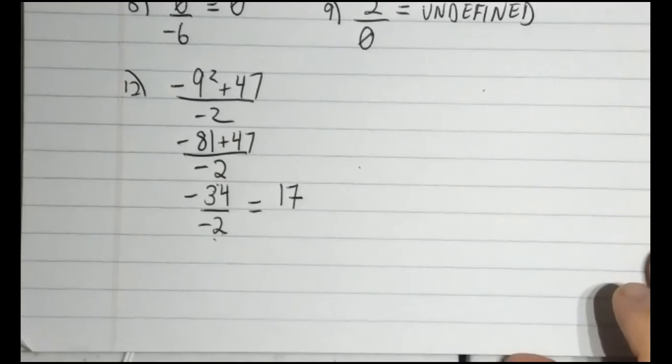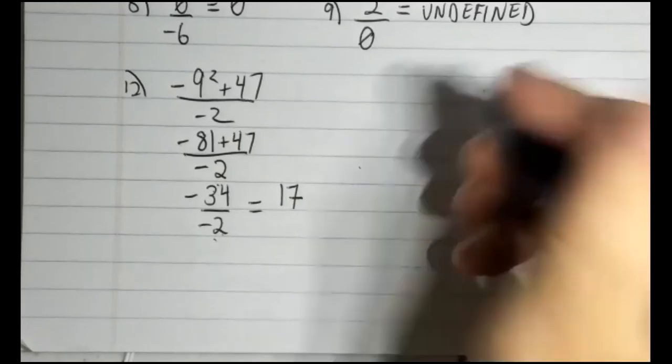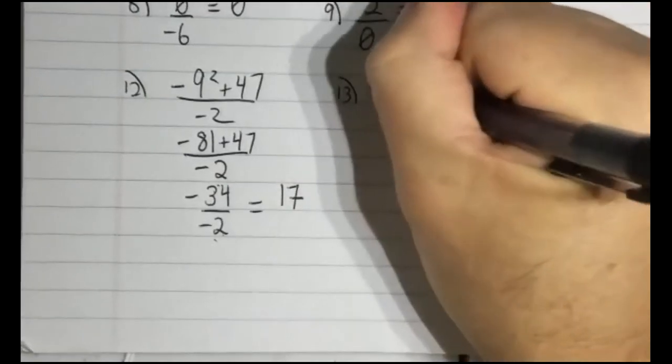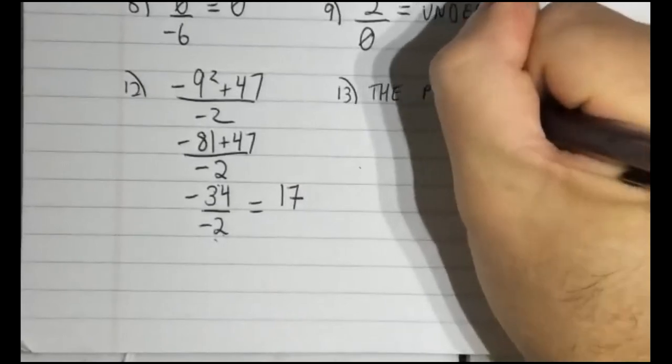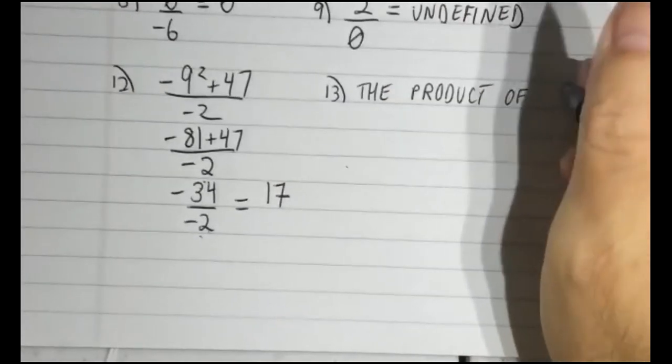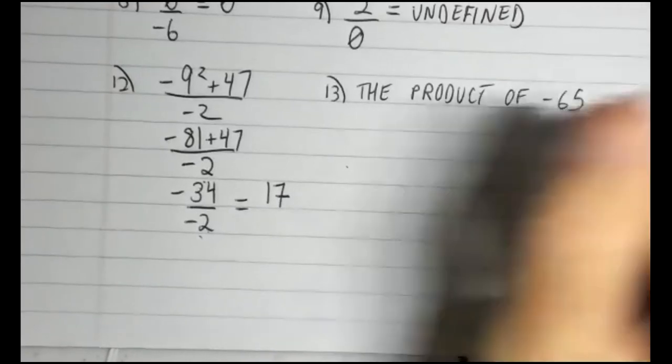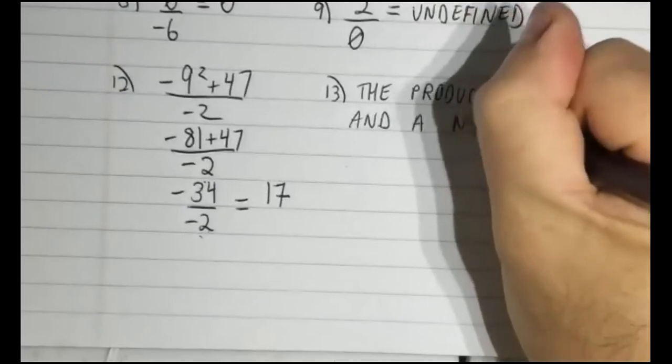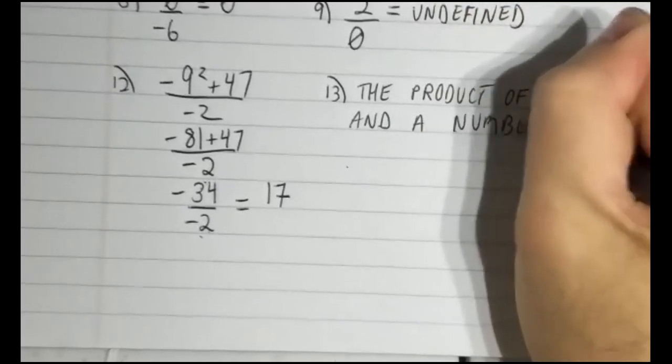Just have a few more examples. Number 13, you're going to see it says the product of negative 65 and a number. I just want you to write the equation.